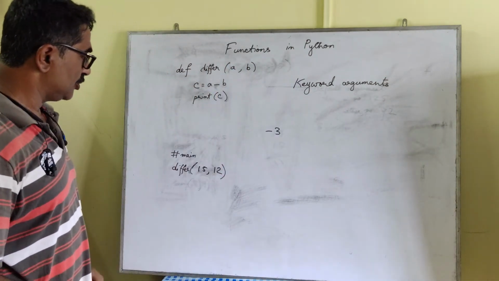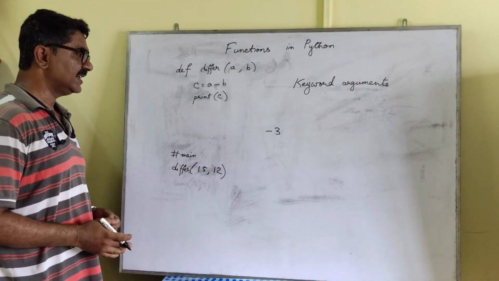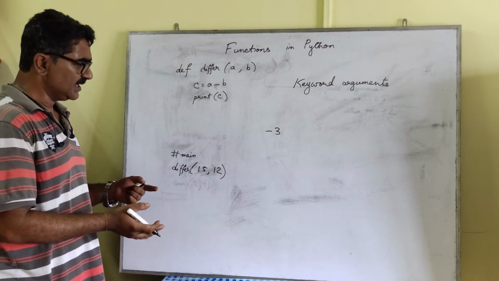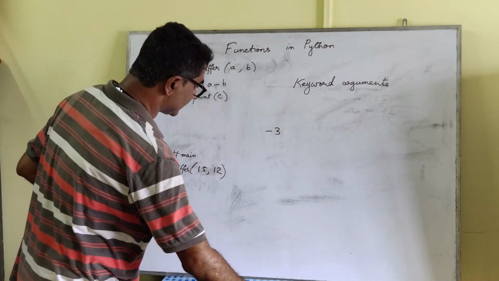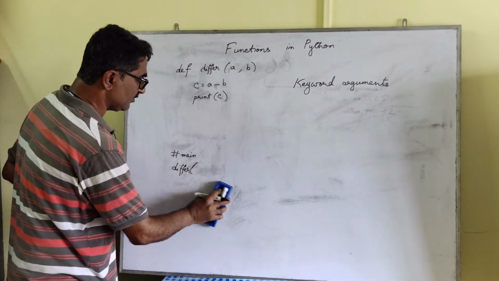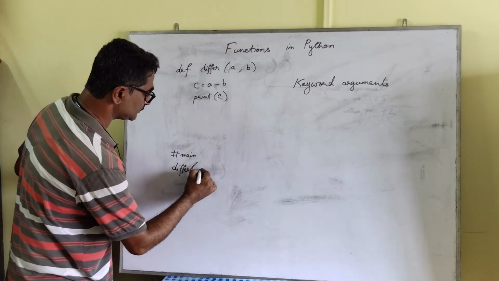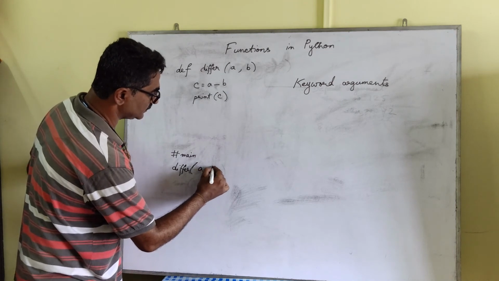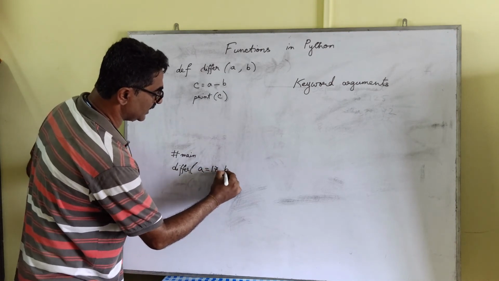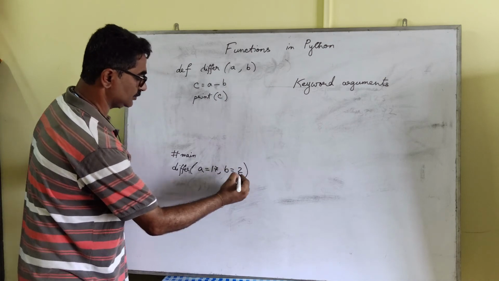This time what we are going to do is specify, it doesn't matter whatever the order is, in which parameter which value will be set. So we can write over here a equal to 17, b equal to 2.